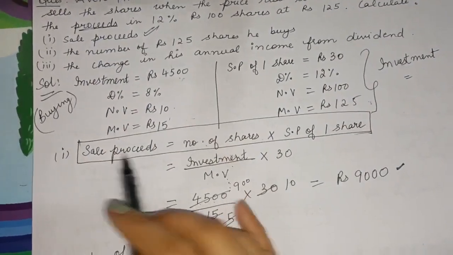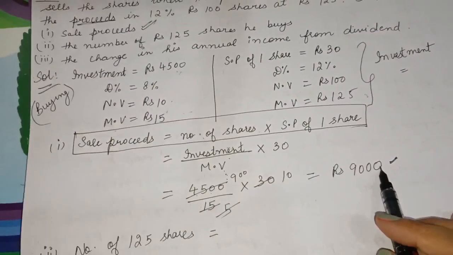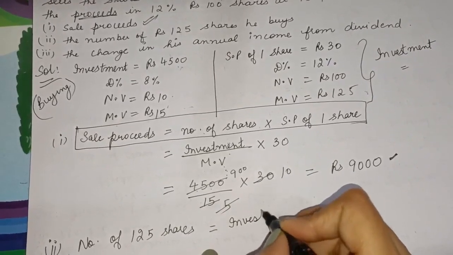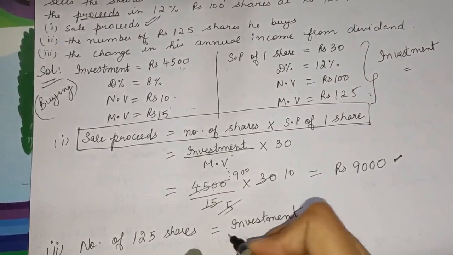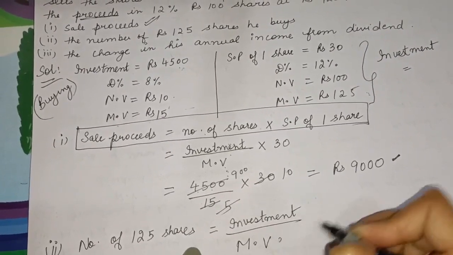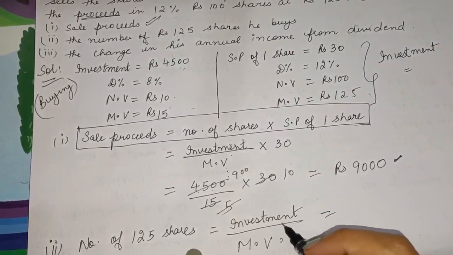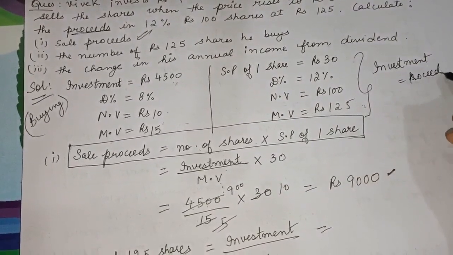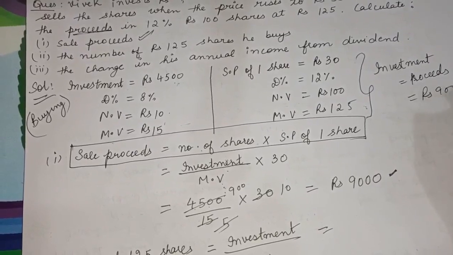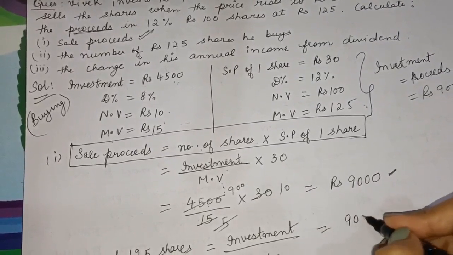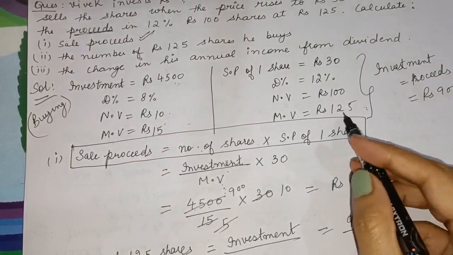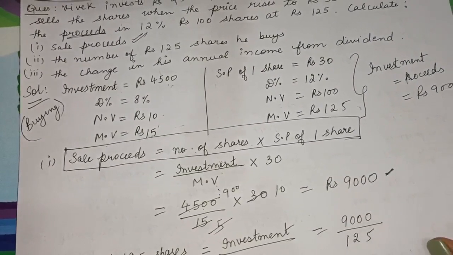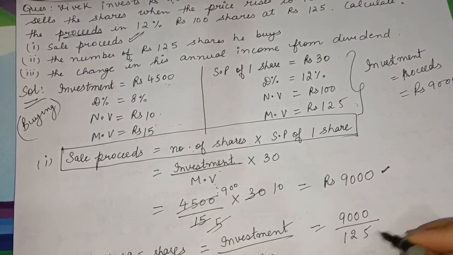The sale proceeds we found in the first part is 9,000. So when finding the number of shares, the formula is investment upon MB. The investment is the sale proceeds, which is 9,000. So we use 9,000, and what is MB? 125. So this we can solve.